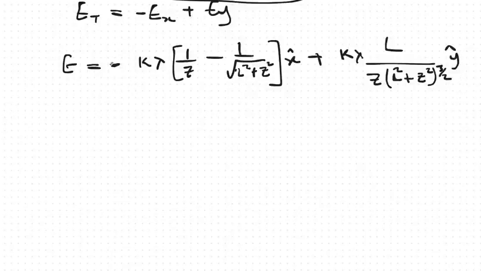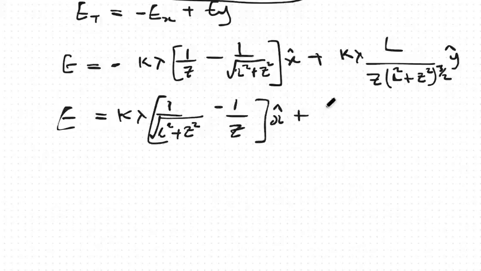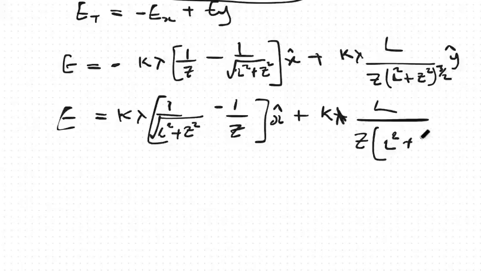So if I decide to use this negative to open the bracket, then I'll have my total electric field equal to k lambda, 1 divided by the square root of L squared plus z squared minus 1 over z in the direction of x, and k lambda divided by z squared into L squared plus z squared to the power 3 over 2 in the y direction.